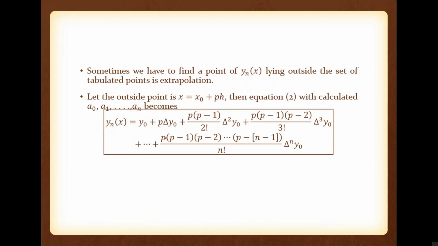So please note, if instead of xp you are writing x itself, then x is a variable, then p is a variable, then this extrapolation function is nothing but the interpolation function. Okay, so we already derived an interpolation function, that is yn of x is equal to y0 plus delta y0 divided by h into x minus x0 plus, that one is actually the true interpolation function.